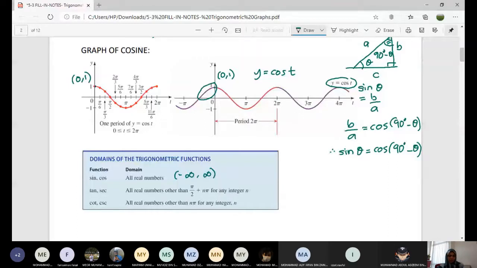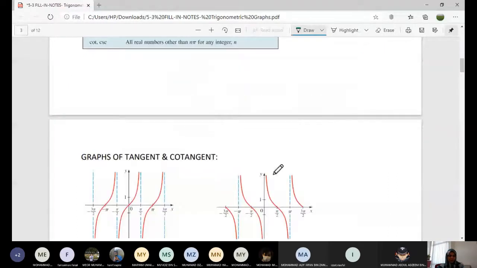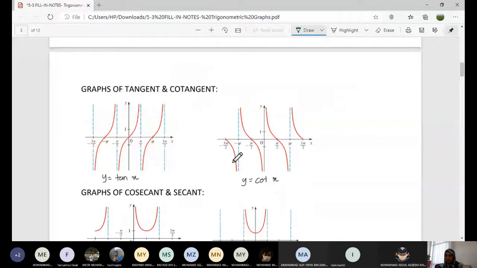If you look at this graph, this is the graph of tangent. Here, if you look at the vertical asymptotes, they are the odd multiples of pi over 2.